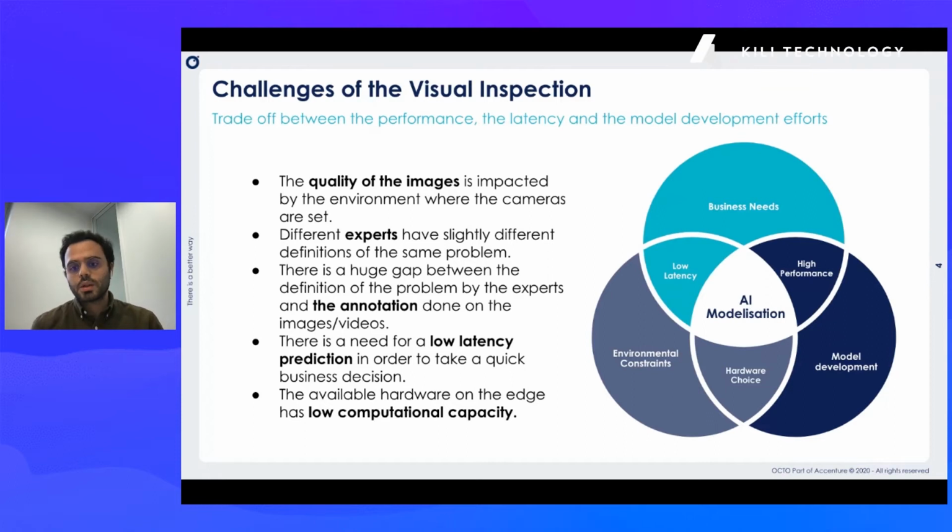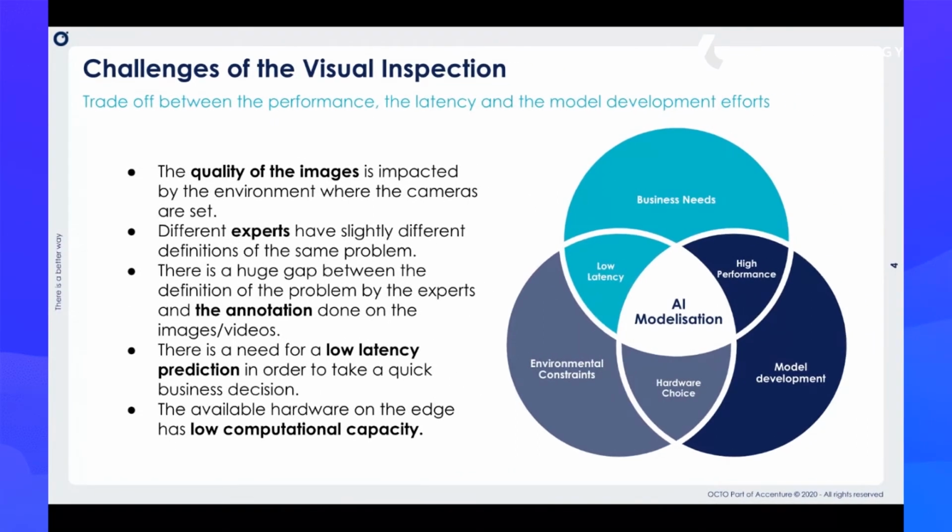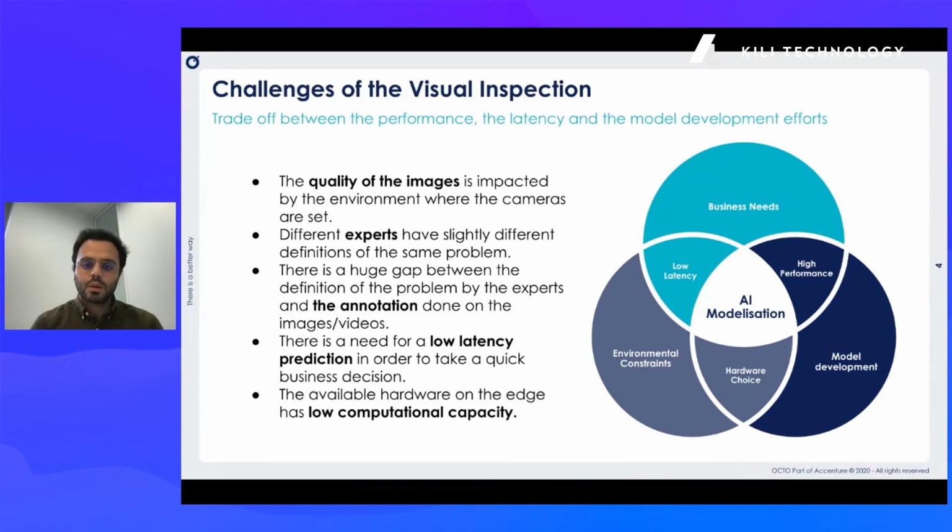And then the third part is the model development. So you will develop your model. Your model has to have the best performance, because your experts or the business part will tell you, I want the best model with the highest performance, and you can spend a lot of time developing the model.